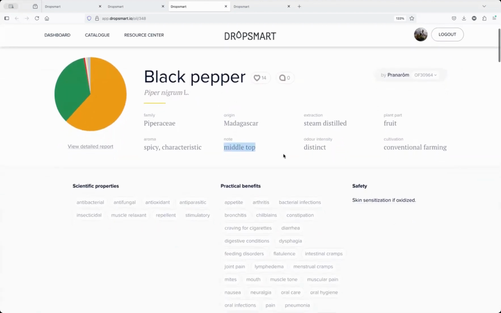Also, look, this middle top note. It's something that we have trouble with in Dropsmart because we have to respect how the person whose oil it is, the distiller, wants to describe it, and they want to describe it as middle top. And it's really hard to describe this note anyway, because, as we said, it doesn't have the middle note.